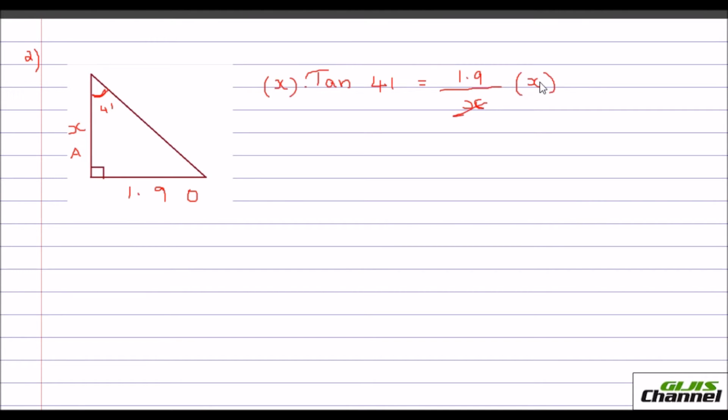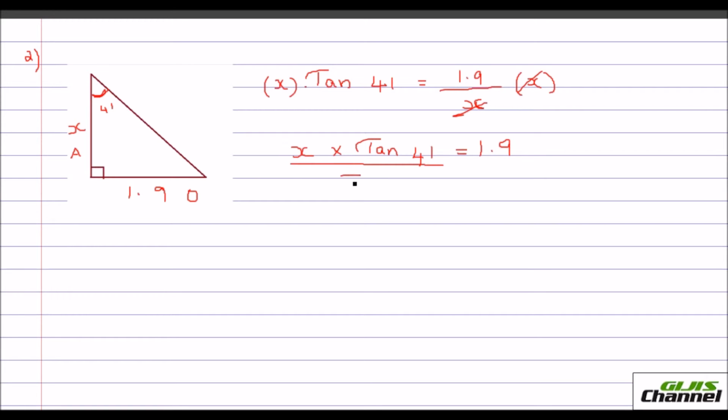The x and x get cancelled here, and you get x times tan 41 is equal to 1.9. Keep your x on the left and remove the tan 41 from the left side.